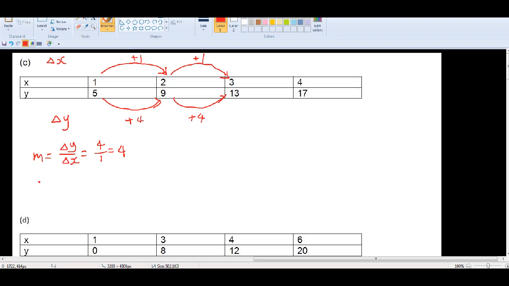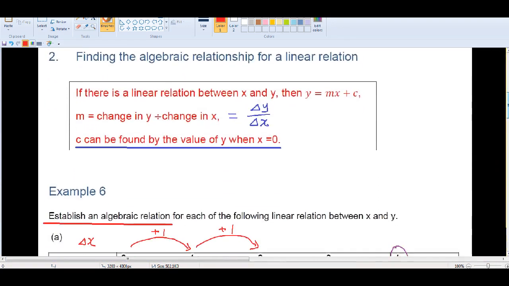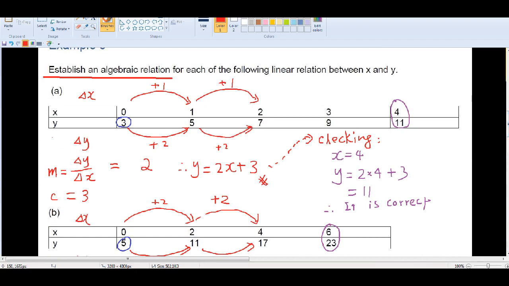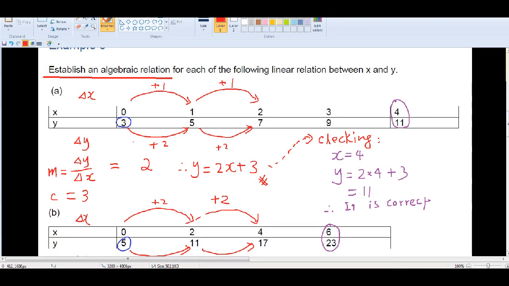How about the value c? Okay, so here's the problem. Because we don't have a 0 in the table for x, compared to our previous question. In our previous question, you see there's a particular value which is 0 and y is 3.